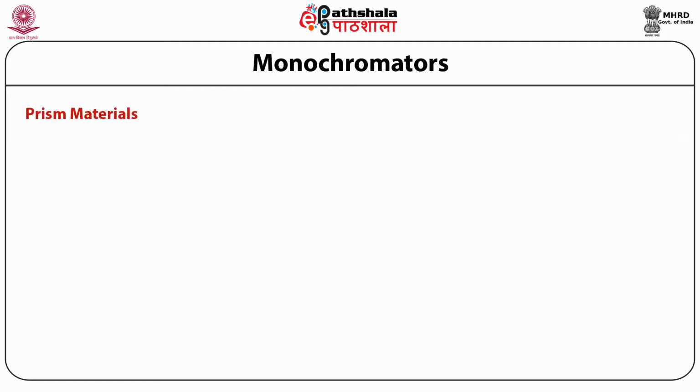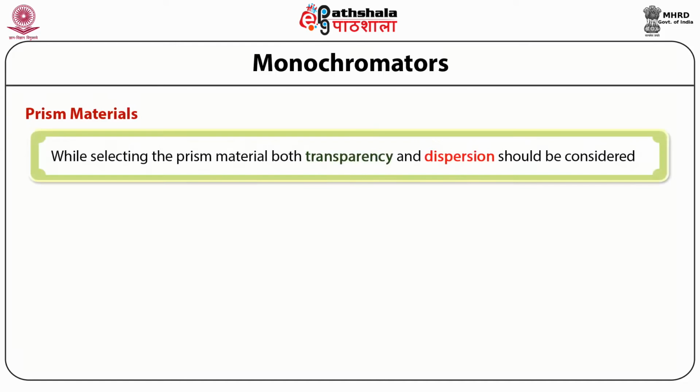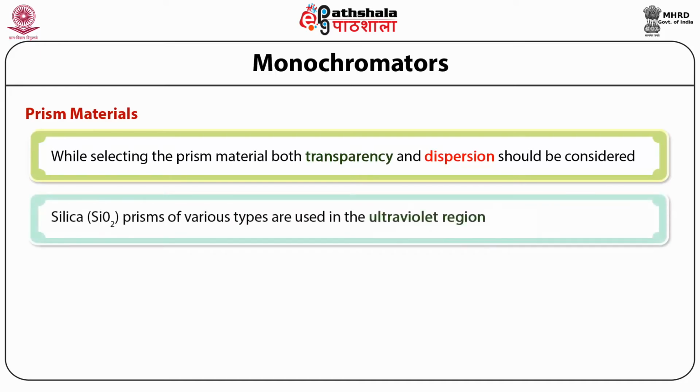Prism materials. While selecting the prism material used in ultraviolet, visible and infrared monochromators, both transparency and dispersion should be considered. Silica prisms of various types are used in the ultraviolet region.